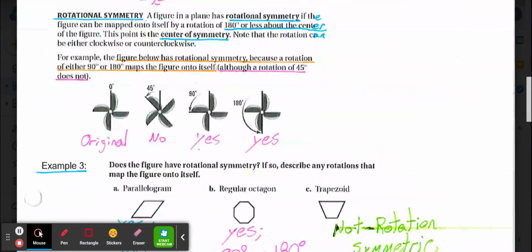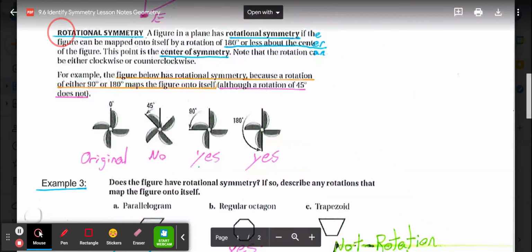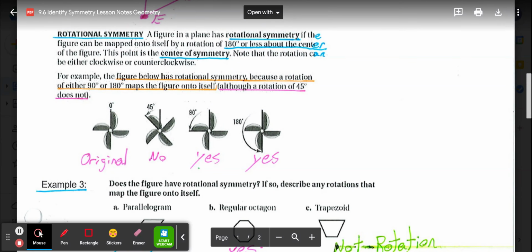Then we also have what's known as rotational symmetry. What you want to think about with rotational symmetry is that little game you see toddlers play with the square peg, the round peg, the triangular peg. If you think about spinning that triangle or square, how many different ways can it fit through that opening?